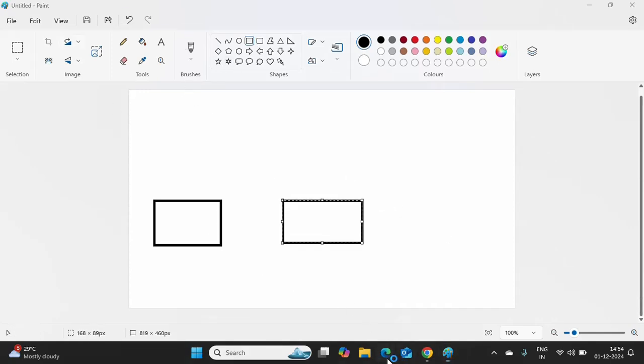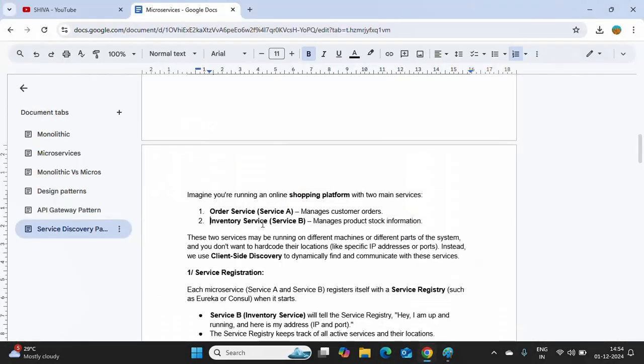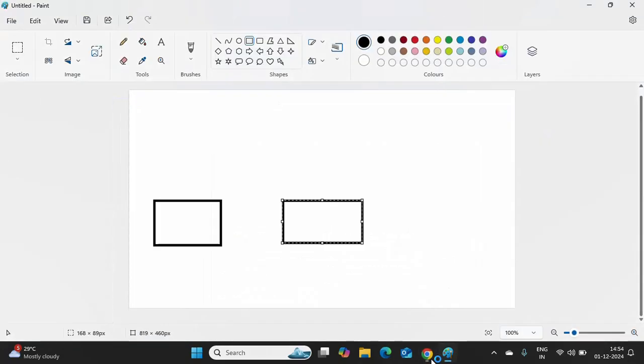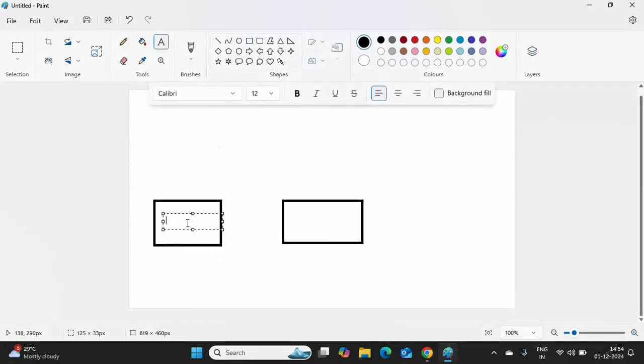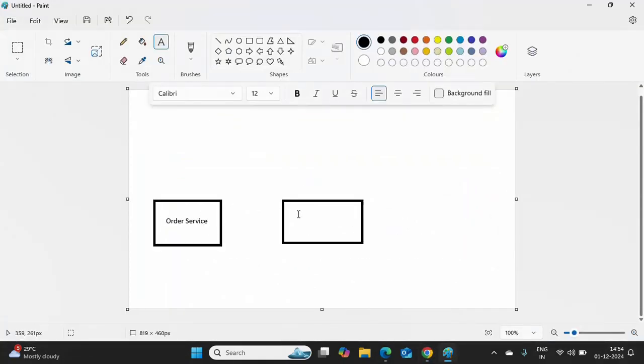The first service is the order service, and at the same time I have one more service, that is the inventory service.